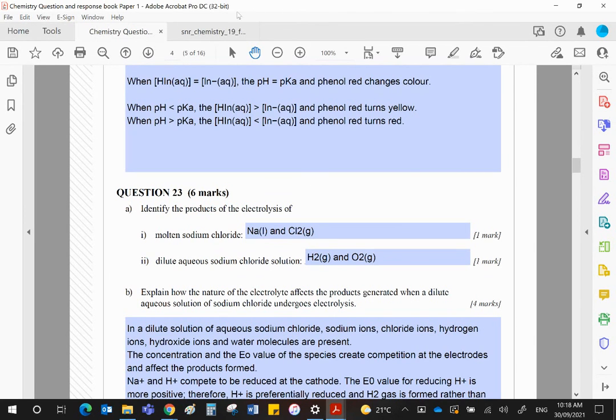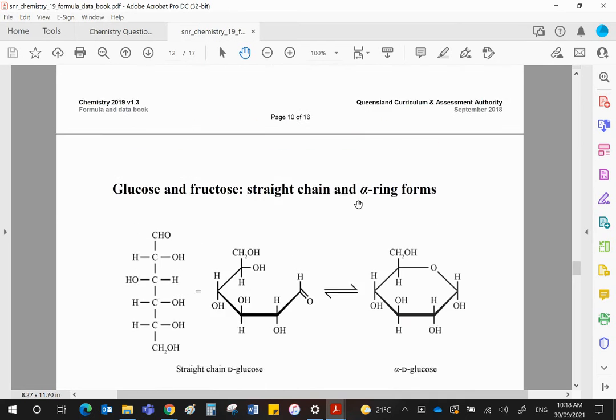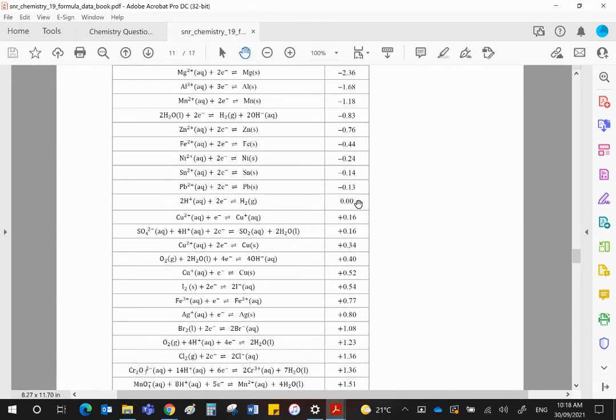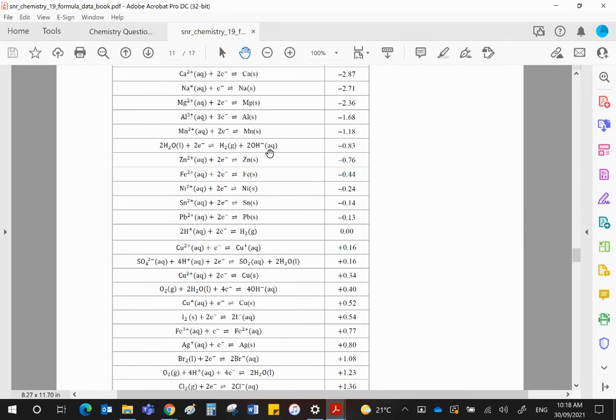Dilute aqueous sodium chloride. Now then, this is a tricky one because what we have here, if we go to the electrochemical series, in dilute aqueous sodium chloride, we've got sodium ions, we've got chloride ions. However, water will also produce H+ ions and OH- ions.